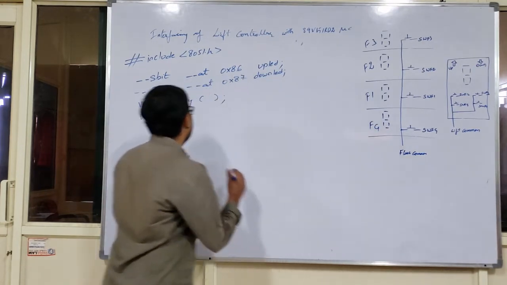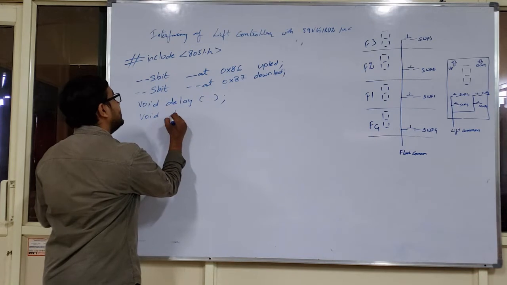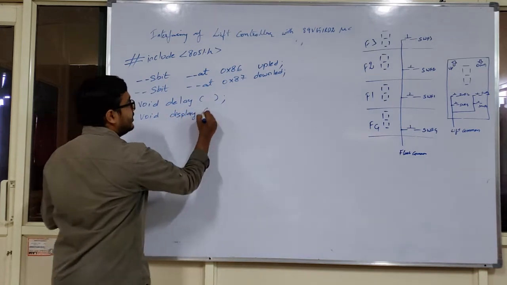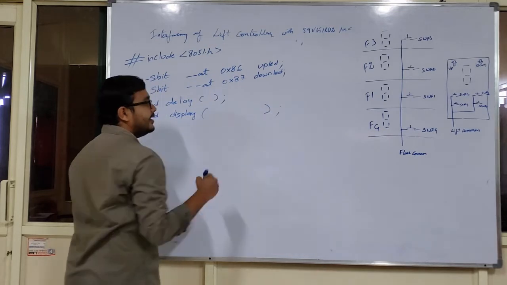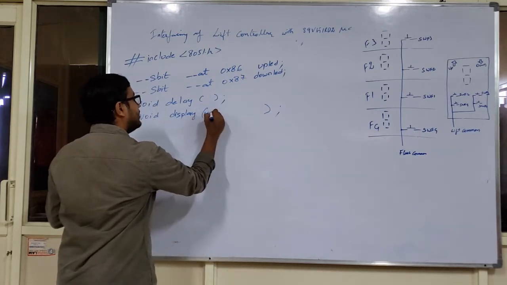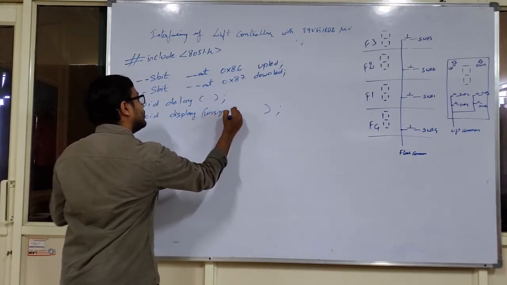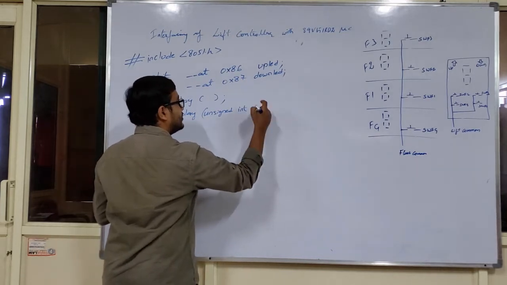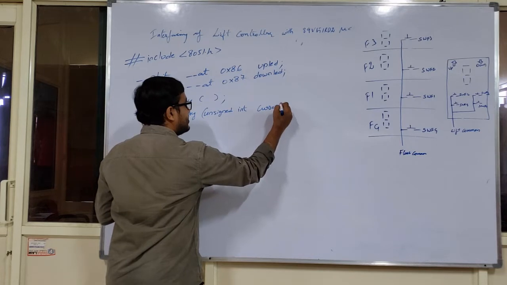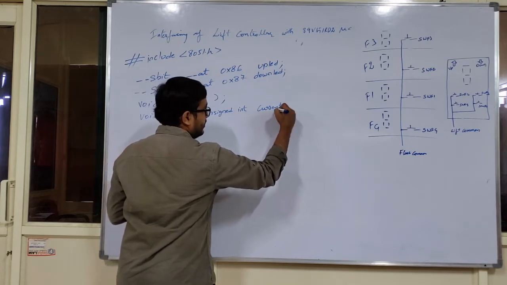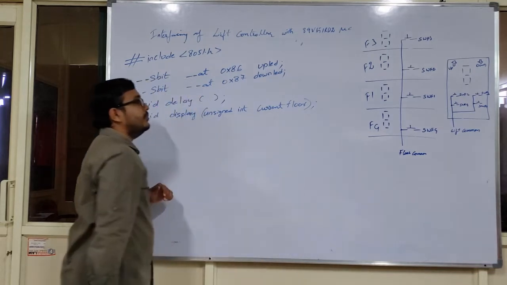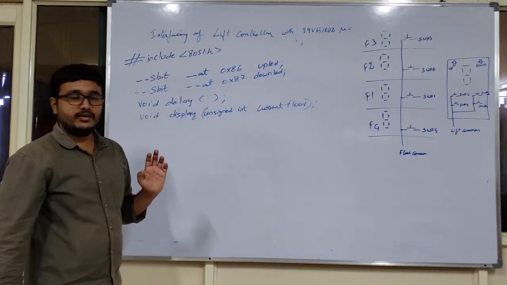That means void display is the function declaration I am using here. Inside it, I would like to take an argument, that is unsigned int current floor, because the 7-segment display will be giving us the current floor.